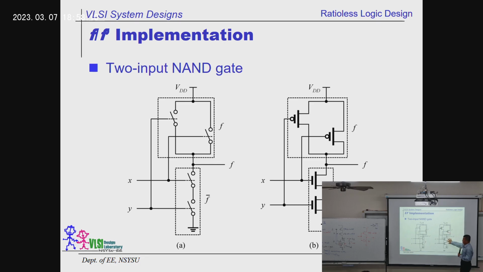This is the counterpart of the NOR gate. We also showed that the size of the pull down here will be double because they're in serial, right? So you get a 2W, 2W, 2W, 2W over here. So this is a design of a 2 input NAND gate.